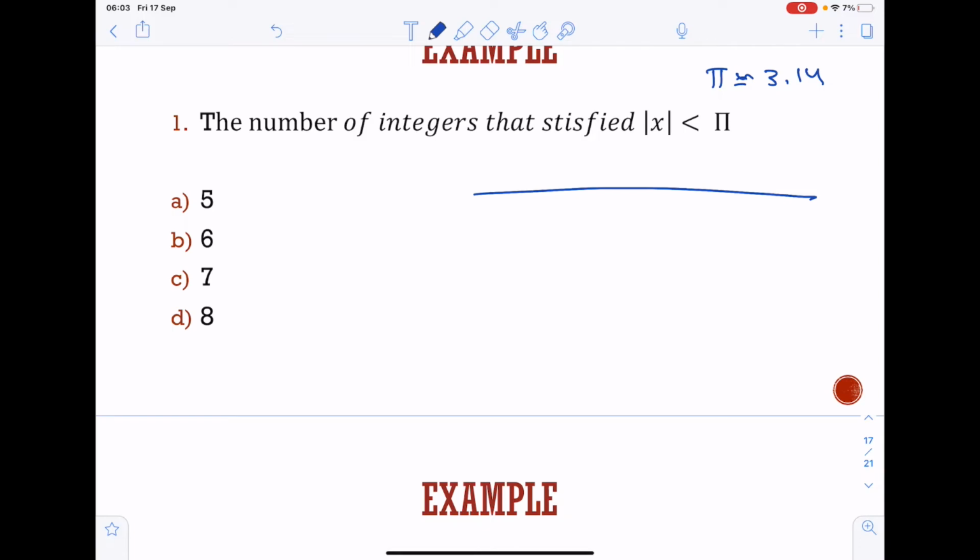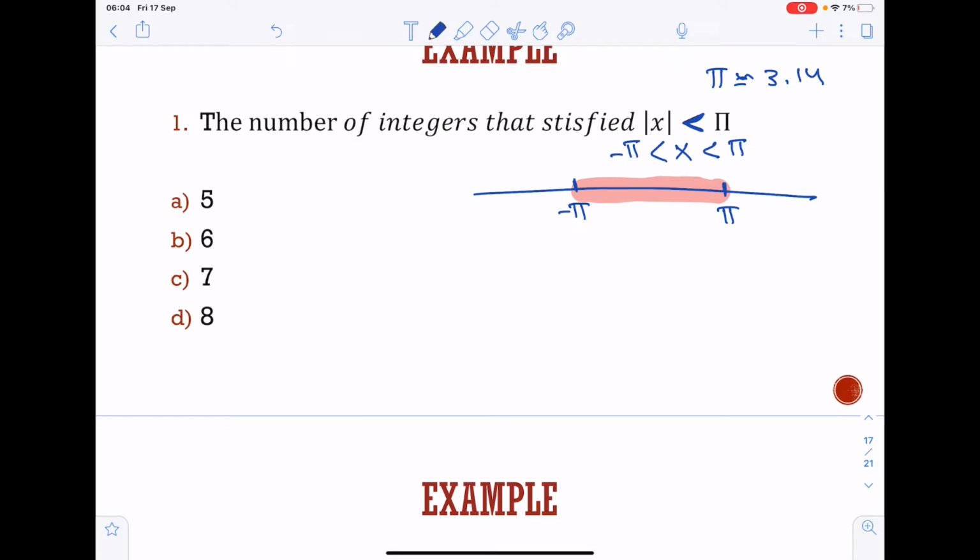So the absolute value of x less than pi means that x is in between two values, pi and negative pi. So let's put here pi and here negative pi. And the value of x should be in between those two values, so it would be included in here.